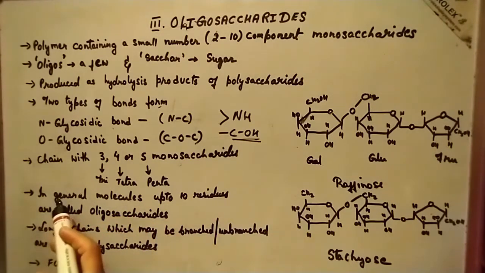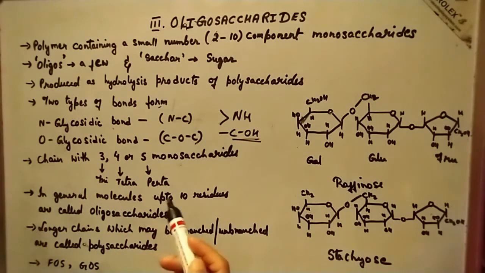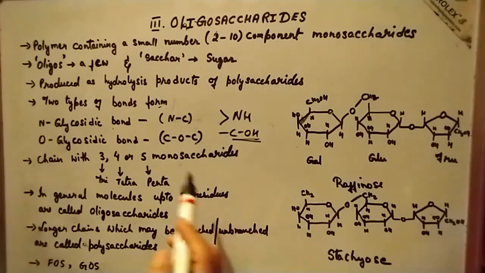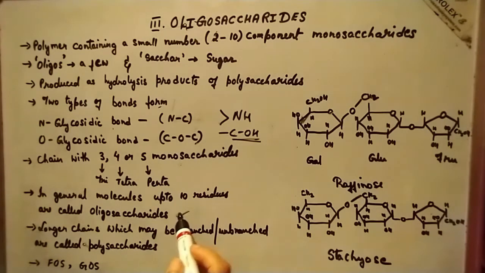In general, molecules of up to 10 residues are referred to as oligosaccharides, whereas those with longer chains, which may be branched or unbranched, are polysaccharides.